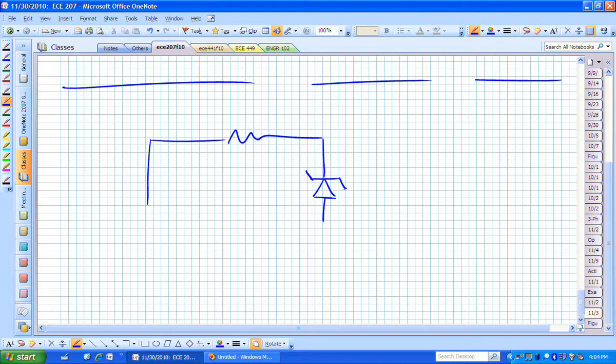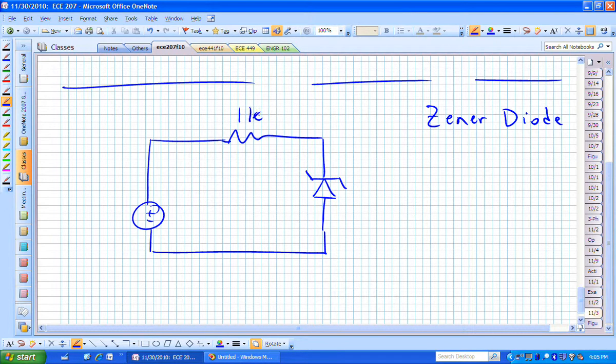That sort of looks like a stick figure, but there's no head or feet. It's just a diode, but this is now a Zener diode, and it has more interesting properties associated with it.